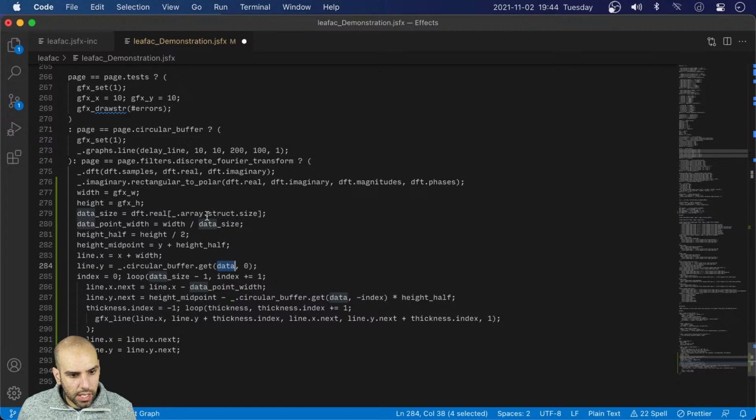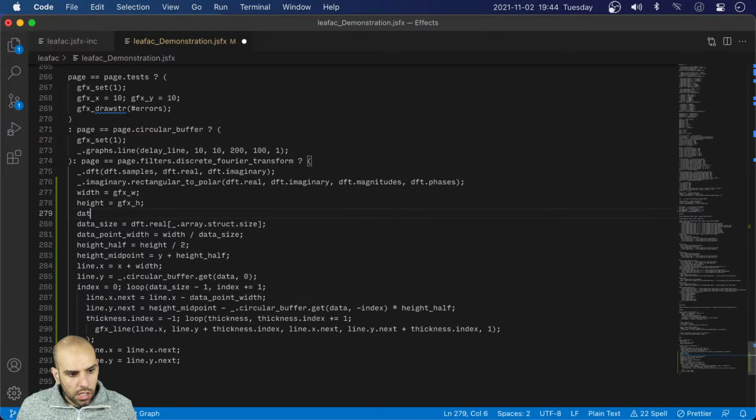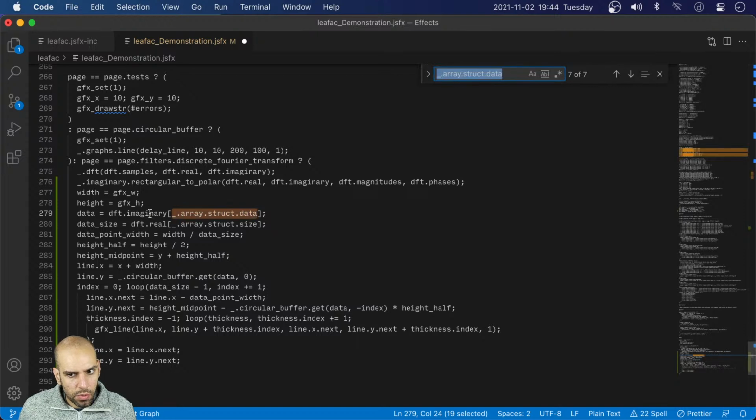And then this data, I am going to get the data from the imaginary part. Now that is an array, right? So I'll say array struct data. Why am I doing it on the imaginary part? Let's do this on the magnitudes.